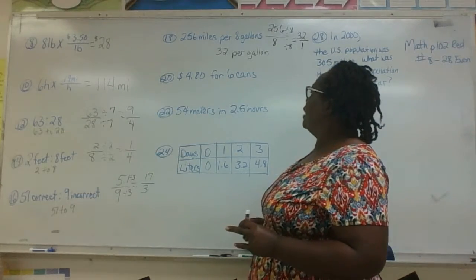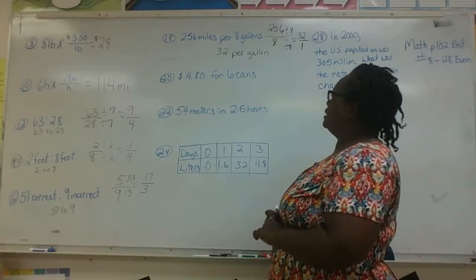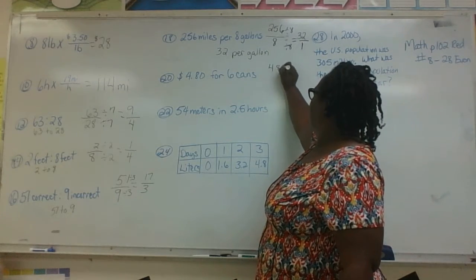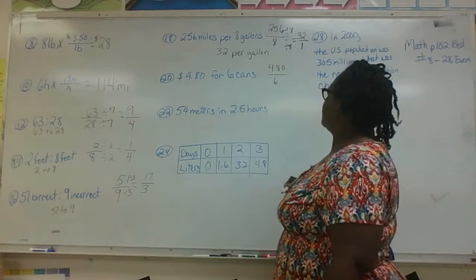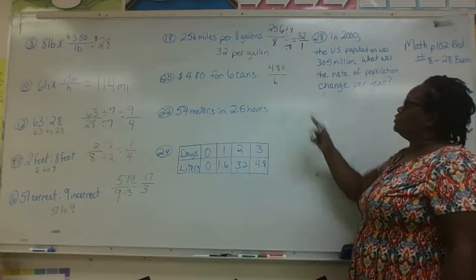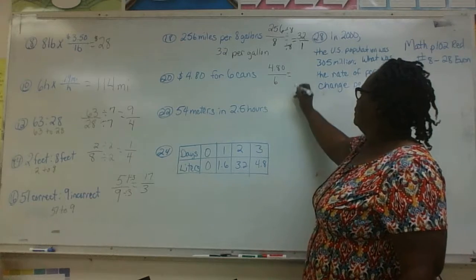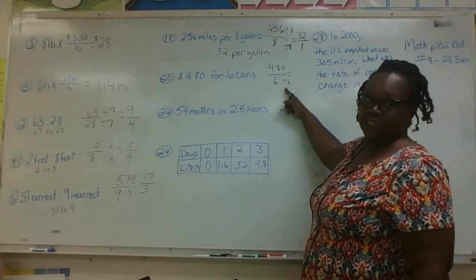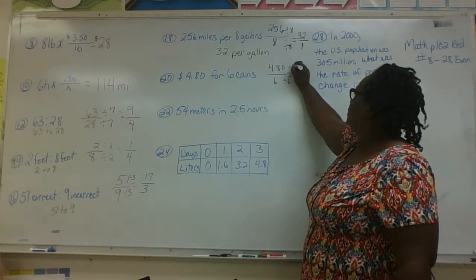So here we go. $4.80 for 6 cans. Now, if we want this to be reduced to 1 unit, then we divide this by 6, and if we divide the denominator by 6, we must divide the numerator by 6.